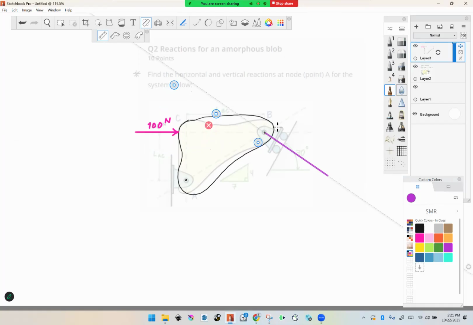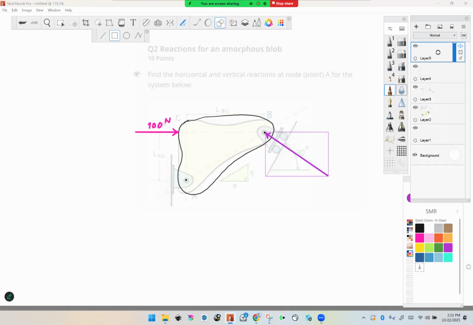Okay, so there is a vector. That is the push force of the roller connection on the node. And of course, I can express that in terms of components, and I'll go ahead and break those down. So for my components, I could call those B sub x, B sub y.